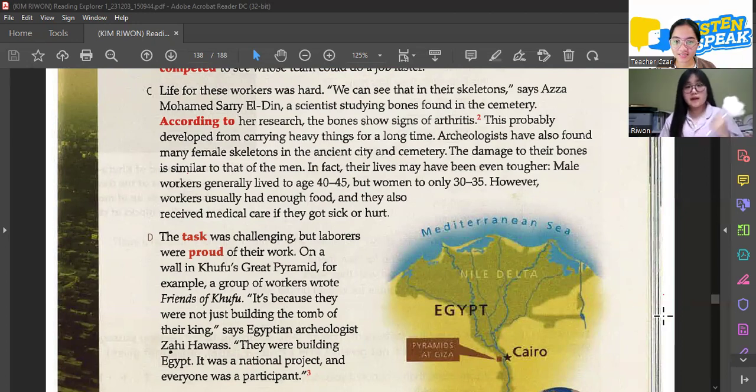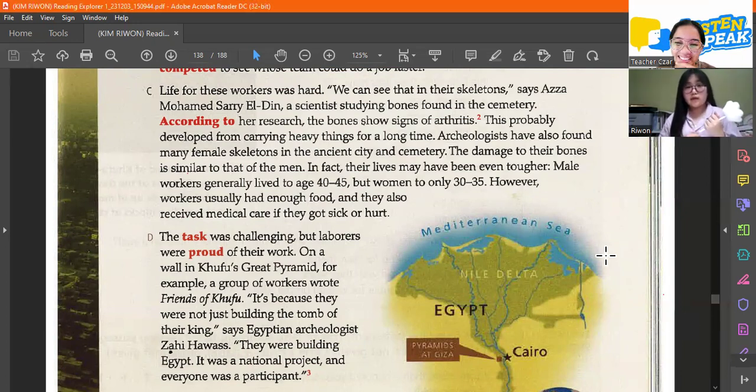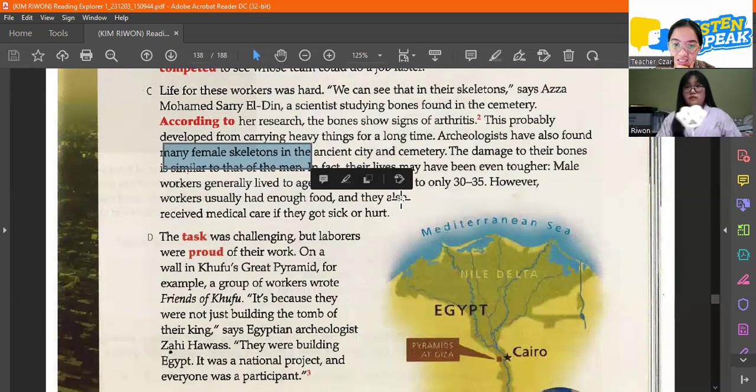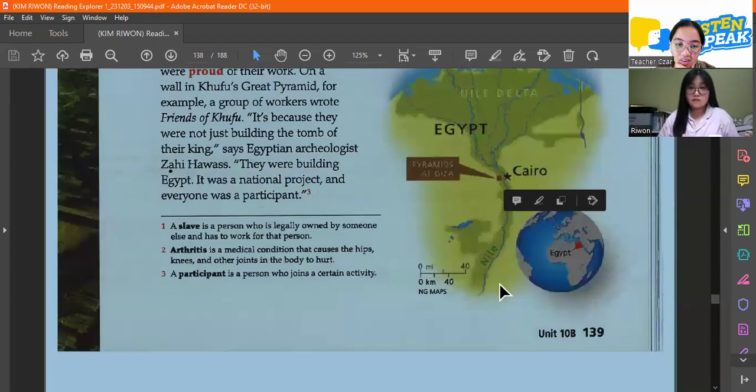Here: Archaeologists have found many female skeletons, and the damage of their bones is similar to the men's. In fact, their lives may have been tougher.